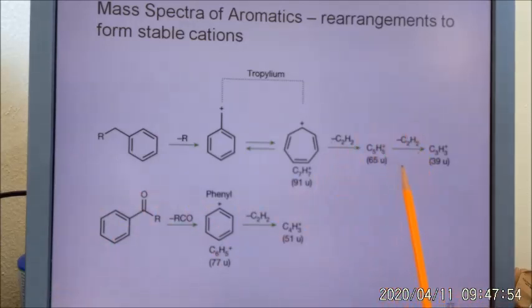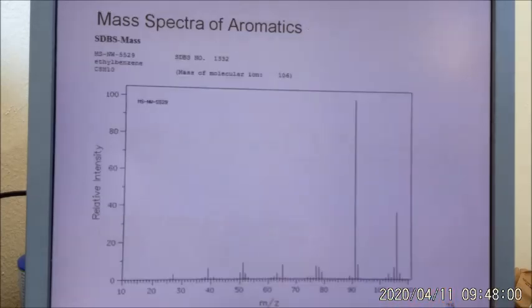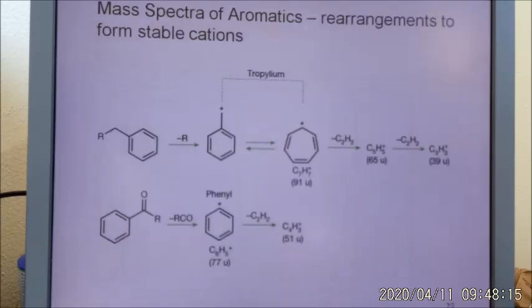That gives you 65, and then you lose it again, giving you 39. Here's 65, here's 39. They're not very large. The biggest peak you need to be aware of when you know you have an aromatic is 91 for the tropylium ion.